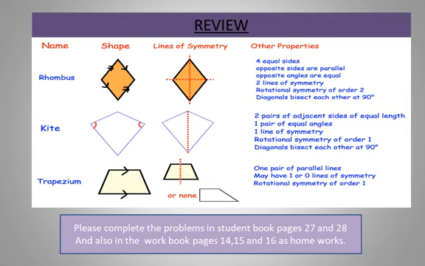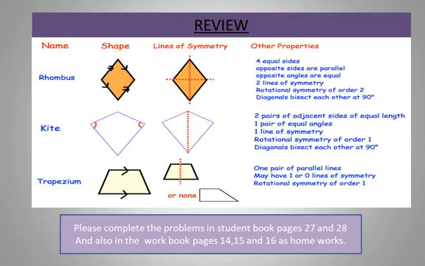Now the next one is trapezium. There are different types of trapeziums. We studied the isosceles trapezium and the ordinary trapezium. So the first one is given as isosceles trapezium. It has 1 line of symmetry, marked with a red line.